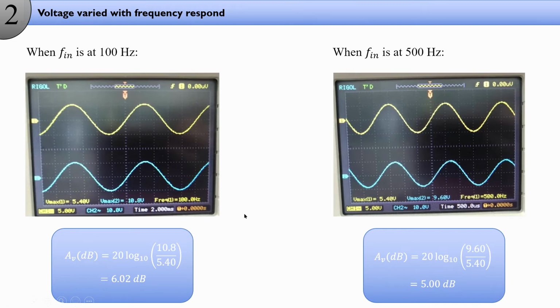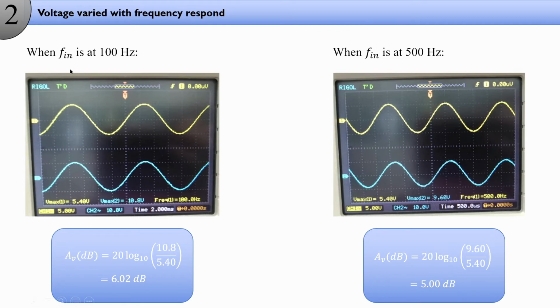Okay, so the second part is regarding the voltage varied with frequency response. I have changed every input frequency to observe what output voltage we get from these practical results.